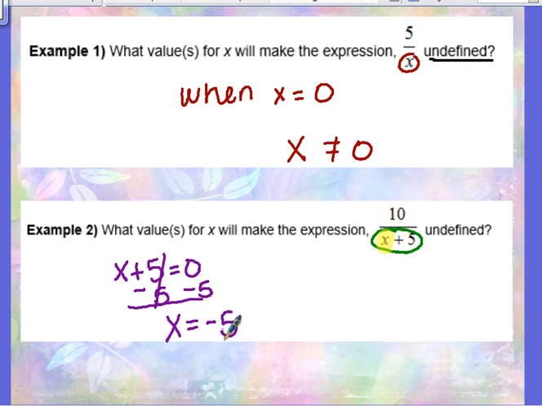So this means when x is negative 5, the fraction will be undefined. Because if we plug in negative 5 here, we will get 0 in the denominator. We don't like that, so we will state the restriction that x is not allowed to be negative 5.